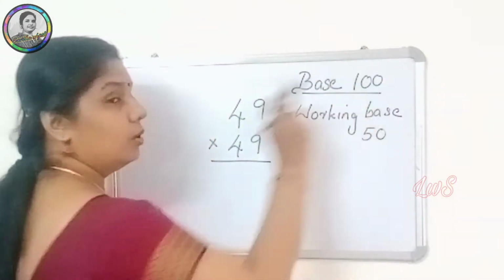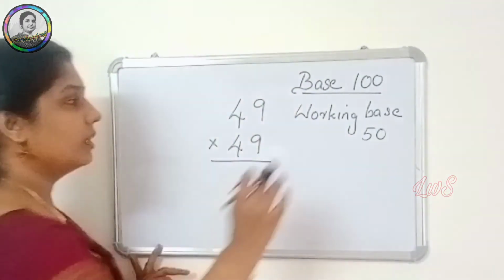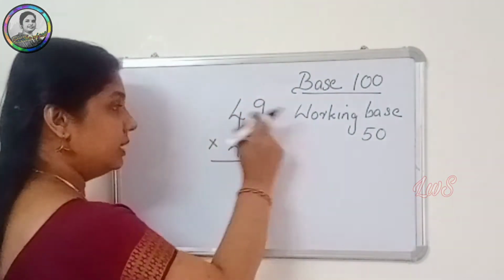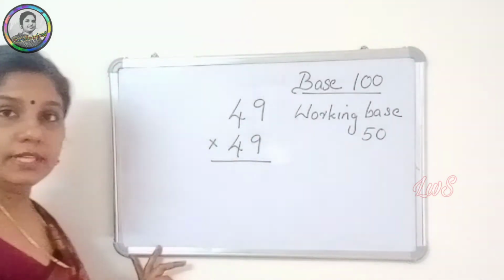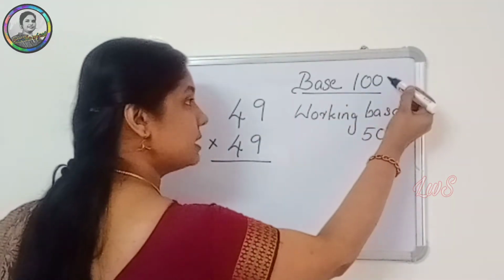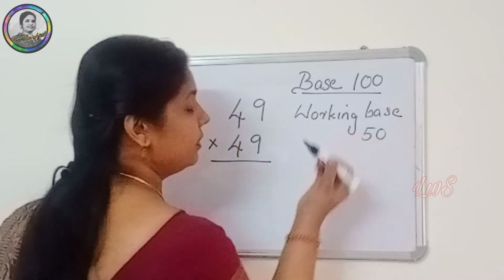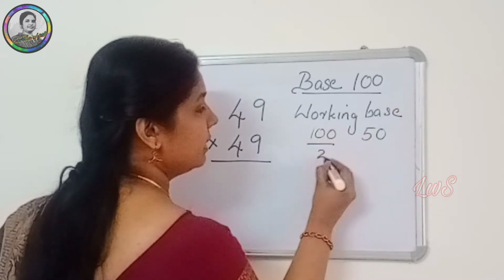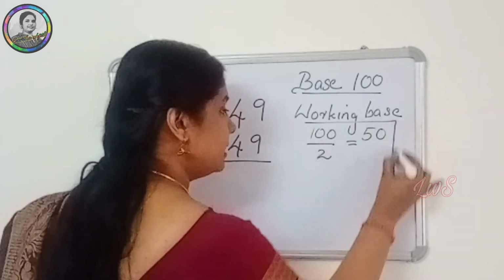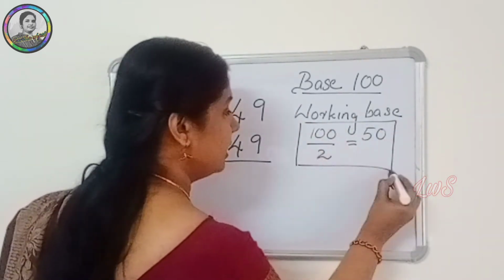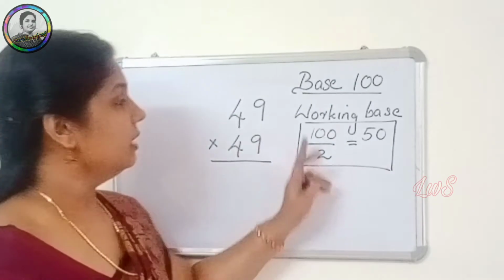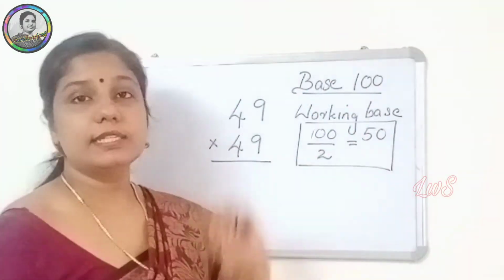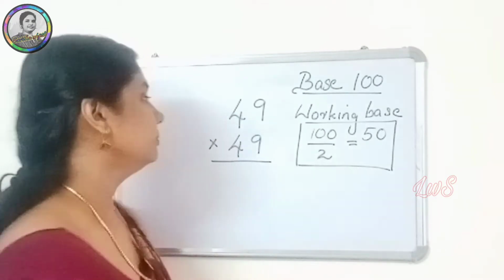So, our normal base is 100 and our working base is 50 because this 49 is very close to 50. The relation between this 100, our base, and 50 is 100 by 2. Just keep this relation in our mind. We are dividing our normal base by 2 to get our working base.